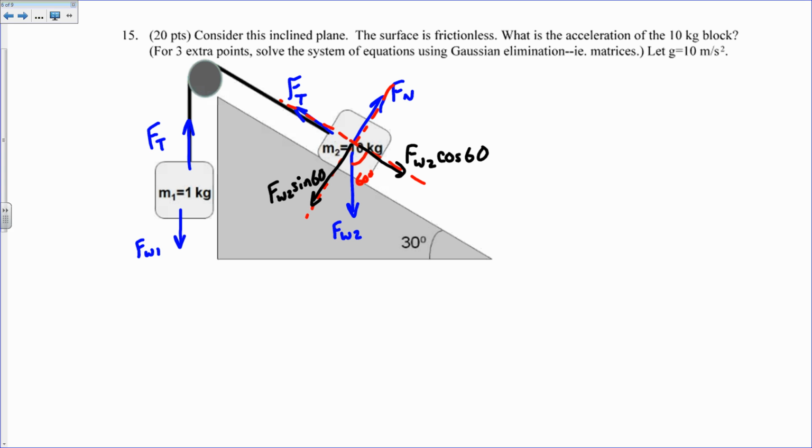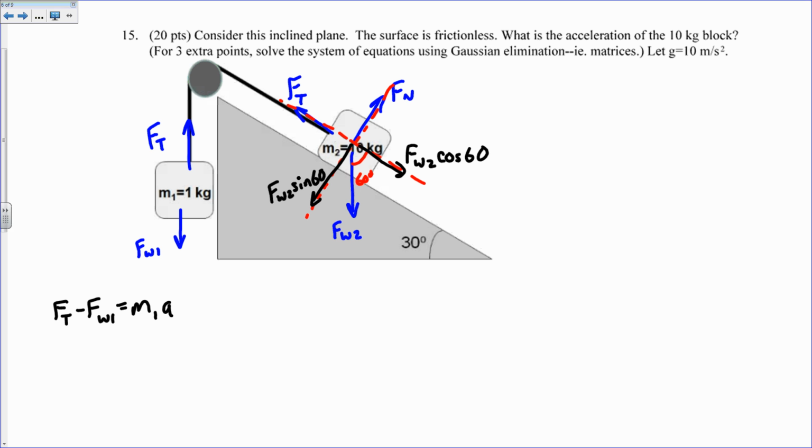And then I can write out my equations. For this M1, I have Ft minus Fw1 equals M1A. And I don't know if A is going up or down right now, though. You can probably look at it, and because of the size of M2, you'll probably think that it's going to go down the inclined plane. And it will. We'll see that in a second. But that doesn't matter right now.